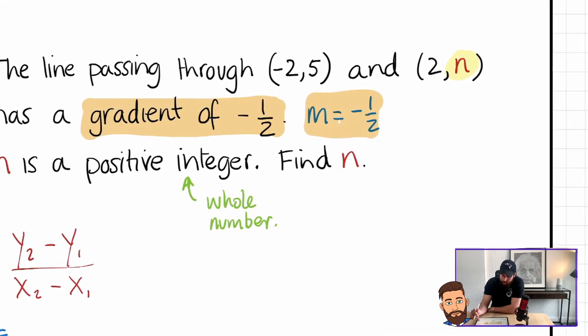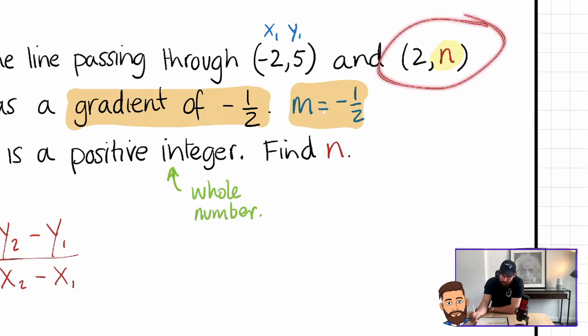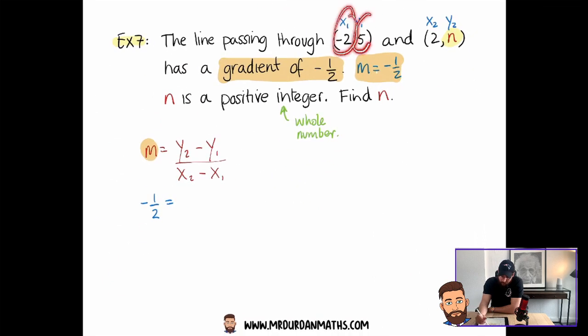Well, let's label these coordinates. The first coordinate they gave us was that one, so that's x1, y1. This was the second coordinate they gave us, so hopefully at this point you're happy and comfortable with labeling this x2 and y2. Then we're just going to take what we know up here and we're going to bang it straight into this formula down here.